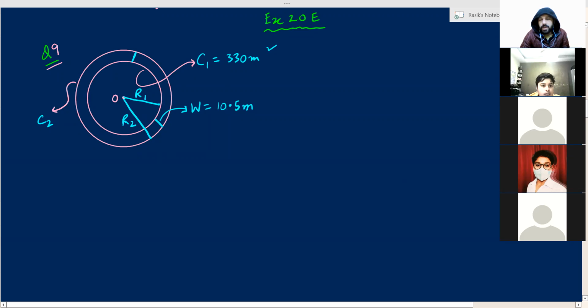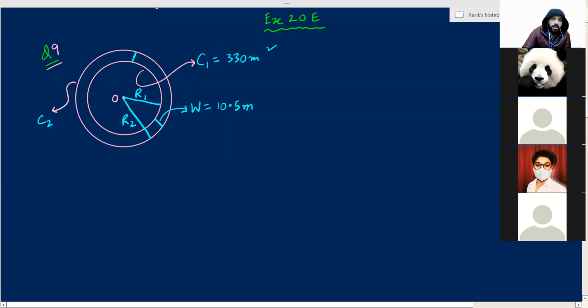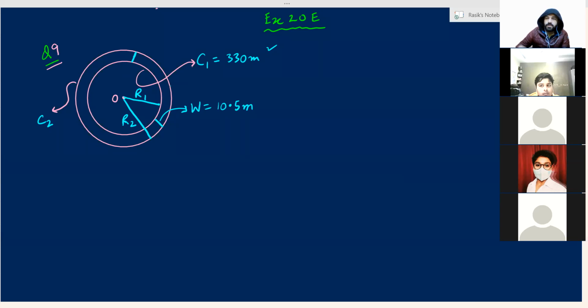So after finding R1, we will add the width to find R2. Width of the track is given, 10.5. If we add it to R1, we will get R2, that means the radius of the outer circle. After that, we have to find the cost of fencing. To find it, we will find the circumference of the outer circle.